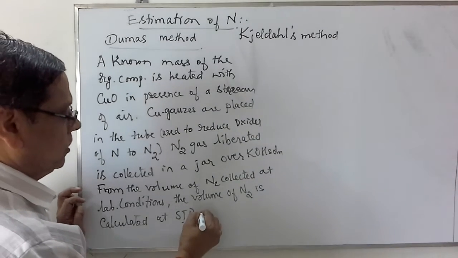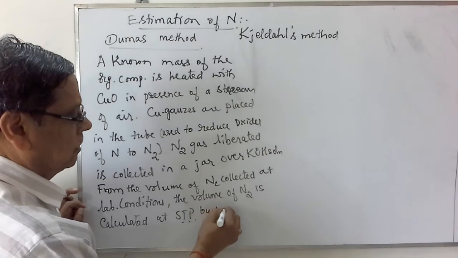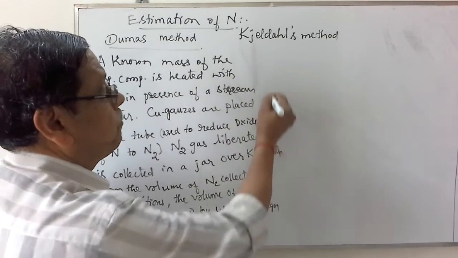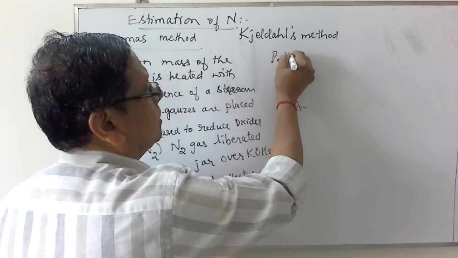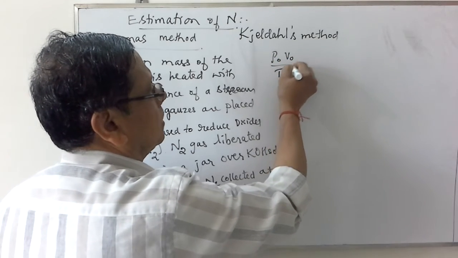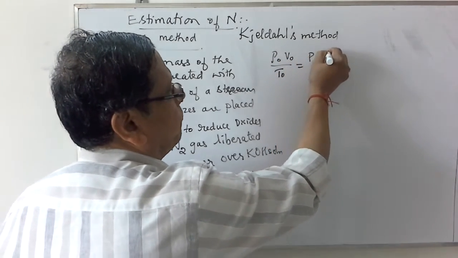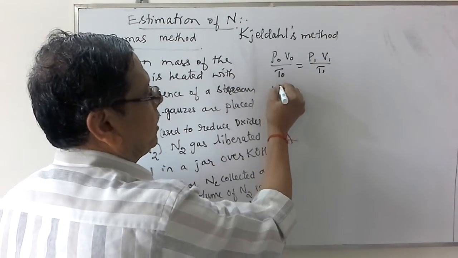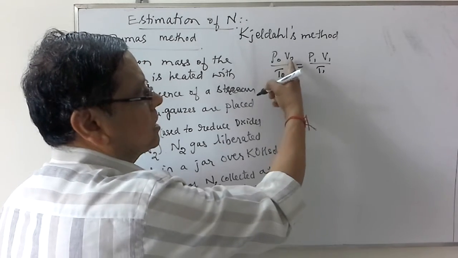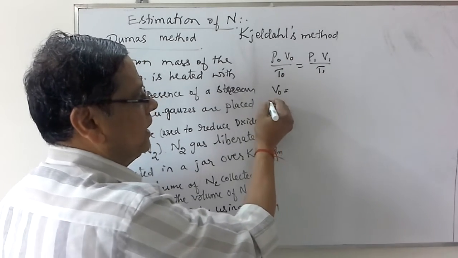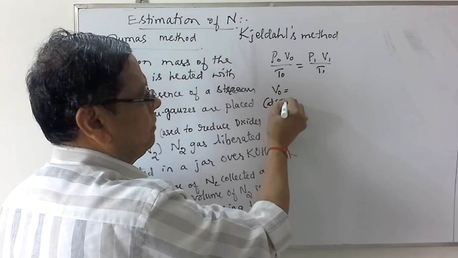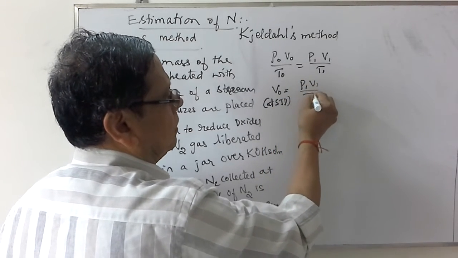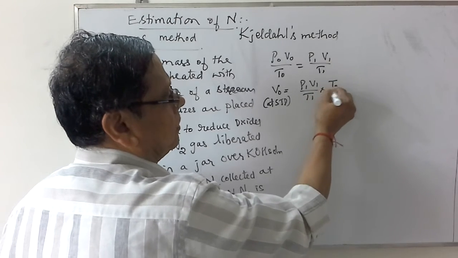By using the equation P naught V naught by T naught is equal to P1 V1 by T1, we can calculate V naught, the volume of nitrogen collected at STP. V naught is equal to P1 V1 by T1 into T naught by P naught.